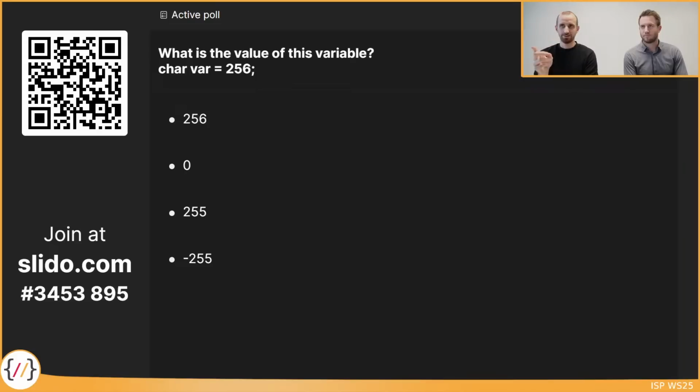What is the value, not the character value, not the letter ABC, but what is the value of this variable when I say char var, a variable named var, is 256? Remember, a character is 1 byte. 1 byte means we can only store the values from 0 to 255.